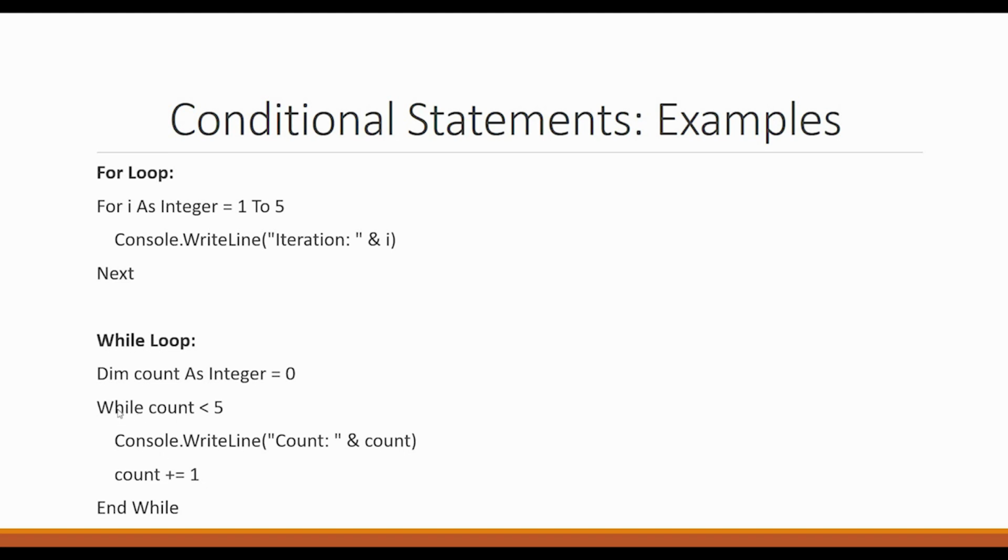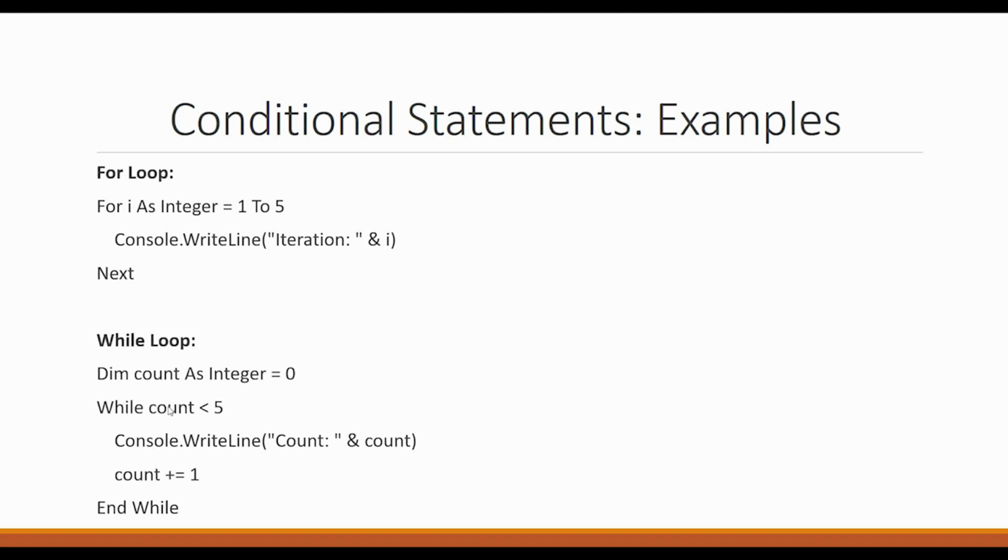So it means that as soon as the code runs from the top here, count is equal to 0, and when the loop starts, in the first place count is still 0, so it should load. Then when it comes to the next stage, we are saying add 1 to the count value. So now count has moved from 0 to 0 plus 1, so count is 1. Then it tests again.